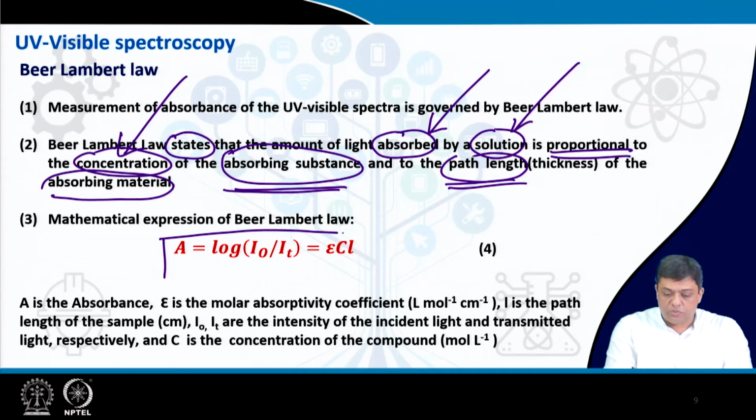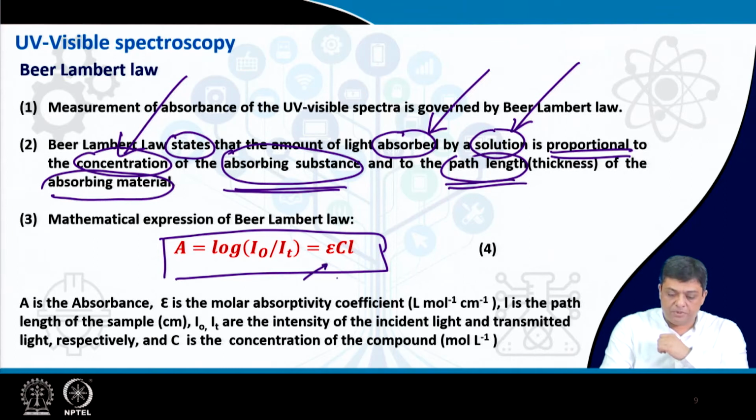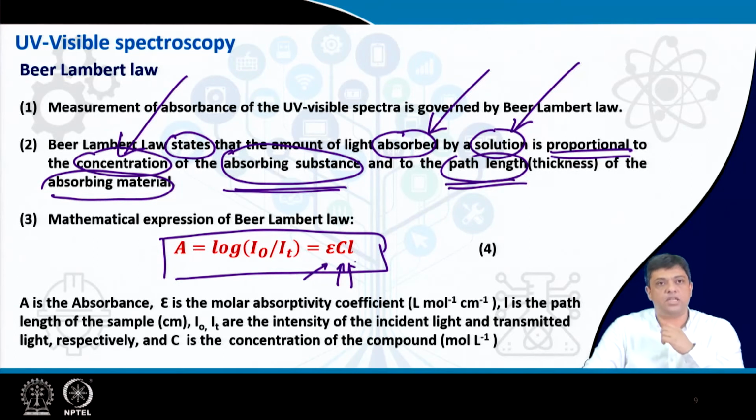And mathematically the expression is, the absorbance A is given as log of I0 by IT, where I0 and IT are the intensity of the incident light and transmitted light respectively, and that can be written as epsilon CL, where epsilon is the molar absorptivity coefficient in liter per mole per centimeter, C is the concentration, and L is the path length of the sample in centimeters.